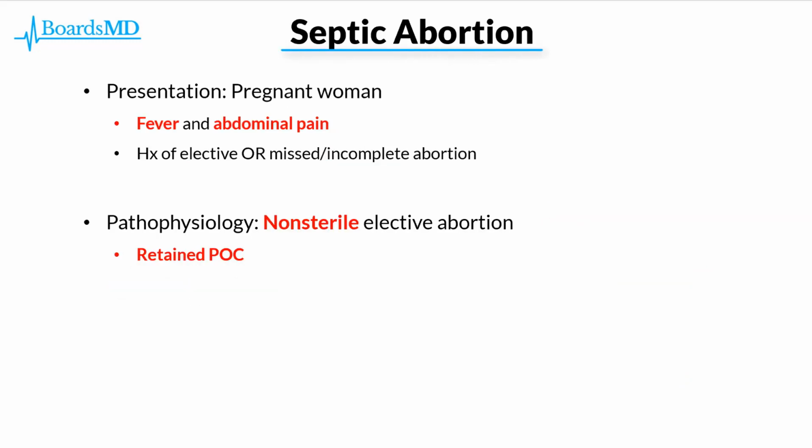Moving on to a septic abortion, our classic patient in this case will once again be a pregnant woman. However, she will present with fever and abdominal pain. In addition, these patients will classically have a recent history of an elective abortion or a history of a missed or incomplete abortion.